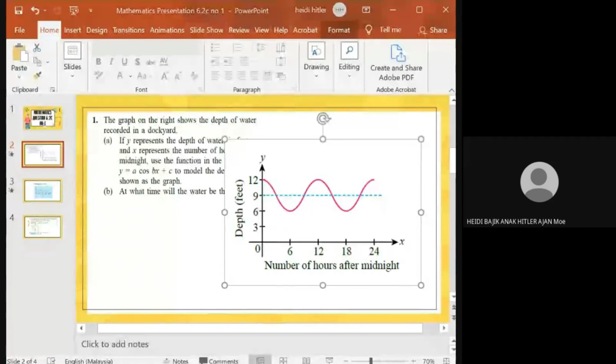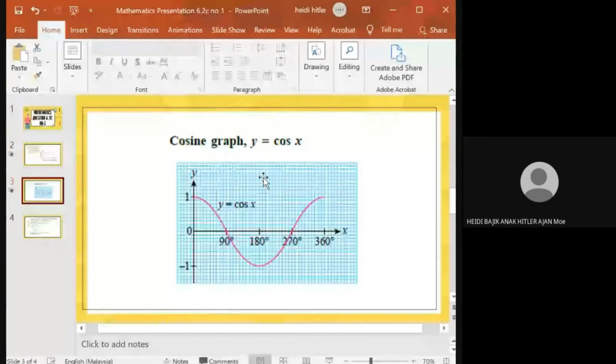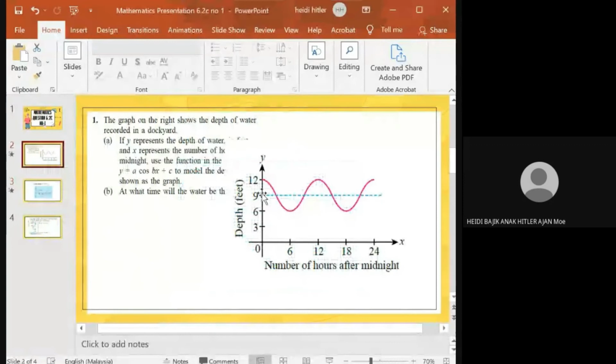Okay, so we have to know what kind of graph we should use to solve this. If you look here, this looks like the cosine graph, right? Like this graph here. In this cosine graph, it goes from -1 to 1, and then it ends at 360 degrees. For this one, it ends at 24.